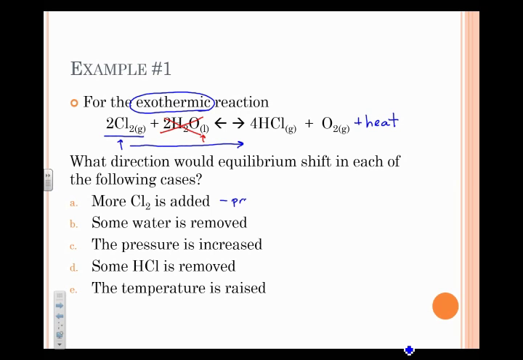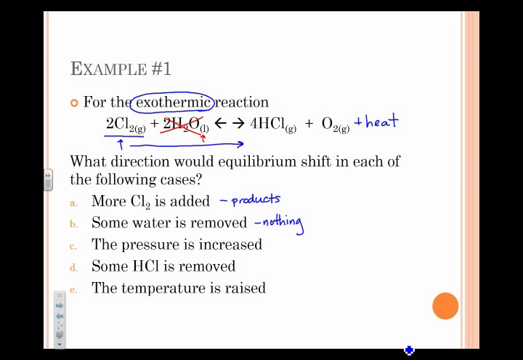So we would say that this would shift towards the products. In question B, I have water being removed. Well, we already determined that removing or adding water wouldn't have an impact on the equilibrium position because water is a pure liquid here. So nothing happens in this case.